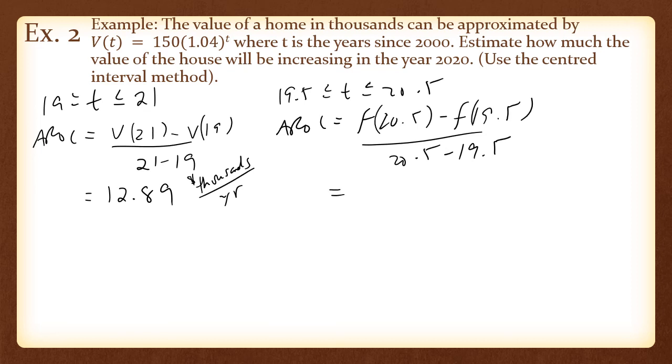Using your calculators, we get 12.89, and I'm just going to write instead the number of thousands per year. That's good that we got the same thing. We still have to do it 2 more times though. That's the bare minimum. So let's do 19.9 is less than or equal to t is less than or equal to 20.1.